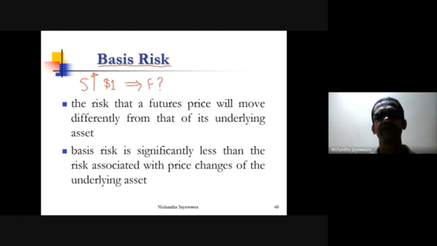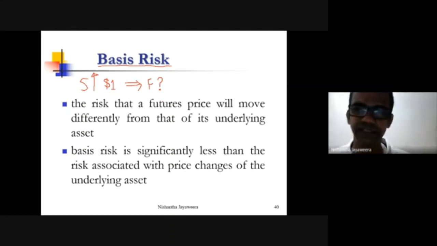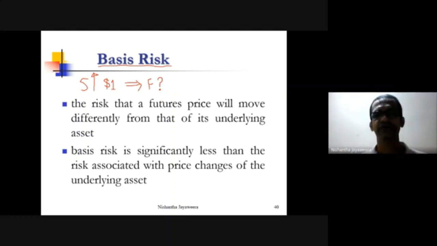It is not 1 to 1. A change of $1 in the spot price won't result in a change of $1 in the futures price. It may be more than $1, it may be less than $1. And with time, depending on the interest rates, that difference also changes. So that's what is mentioned here.